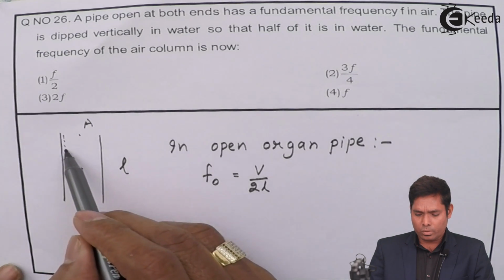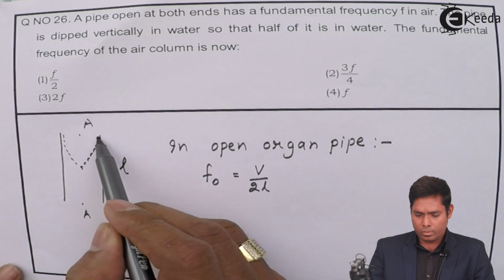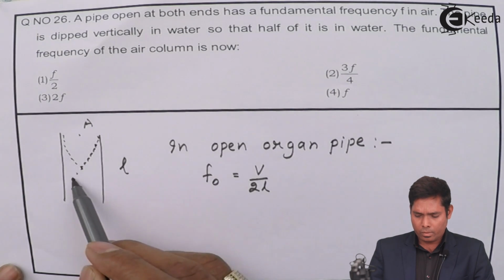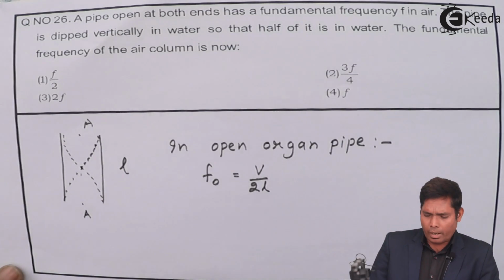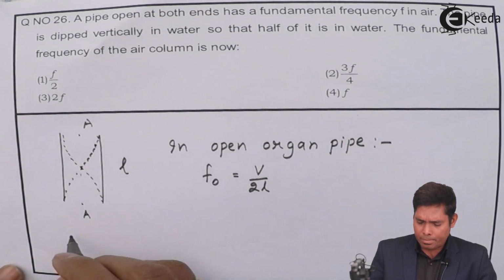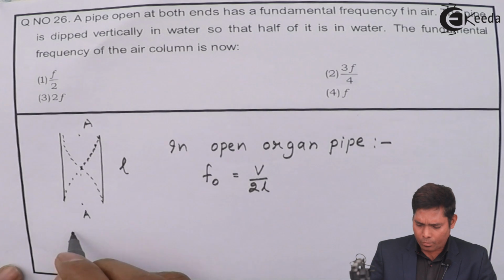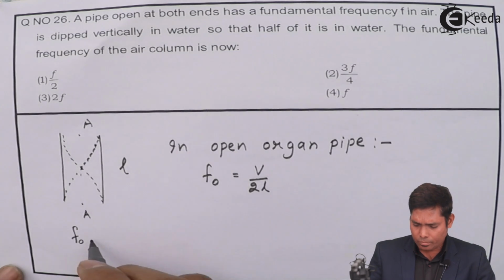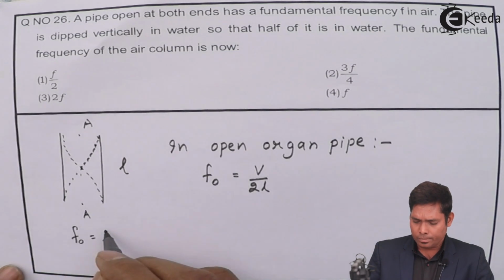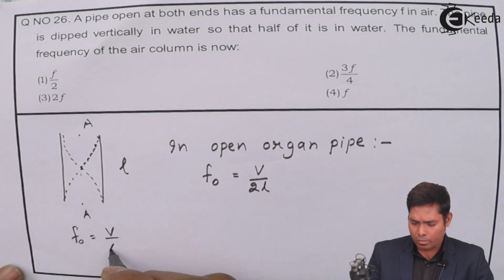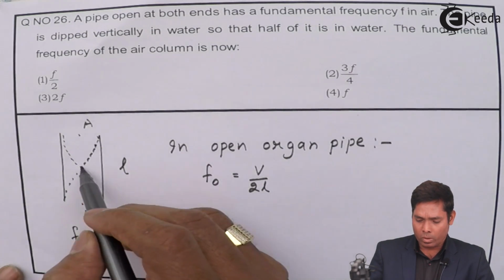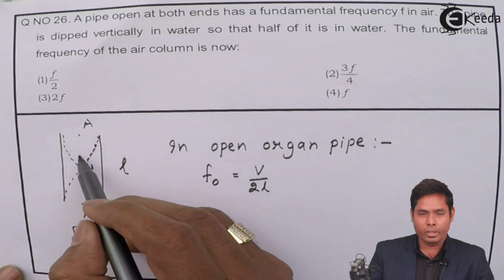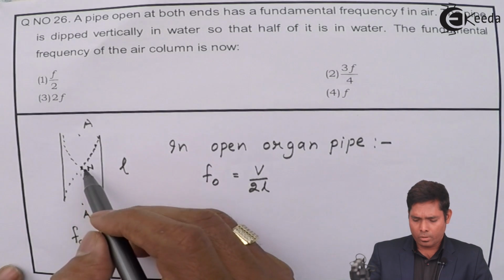So this sort of wave is formed. And how do you get this? Because we know that frequency is velocity upon the wavelength, and the distance between an antinode and a node is lambda by 4.